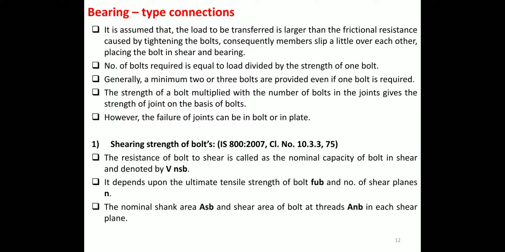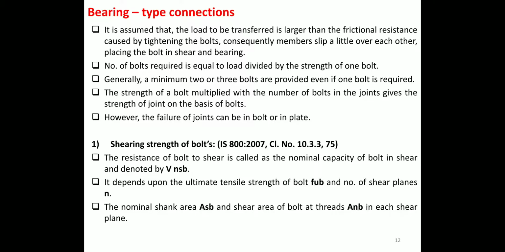In bearing type of connection, the first point deals with shearing strength of bolt. These are some design criteria, the design procedure for this type of connection. So first here we are going to check the bolt in shearing. The first criteria is shearing strength of bolt as per Indian Standard IS 800:2007, clause number 10.3.3, page number 75.